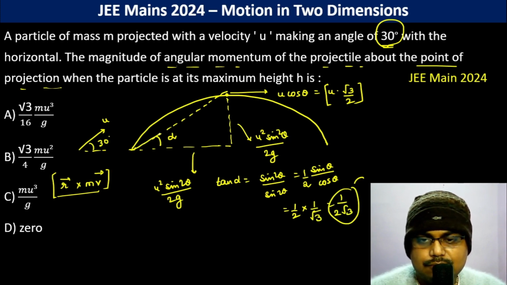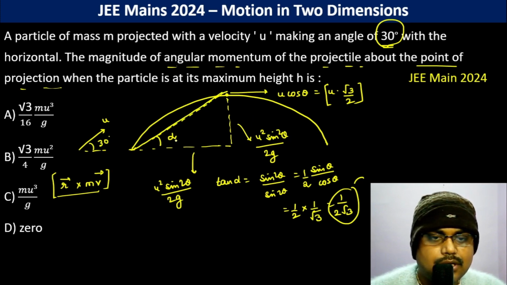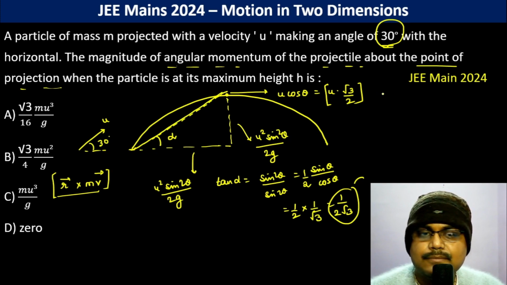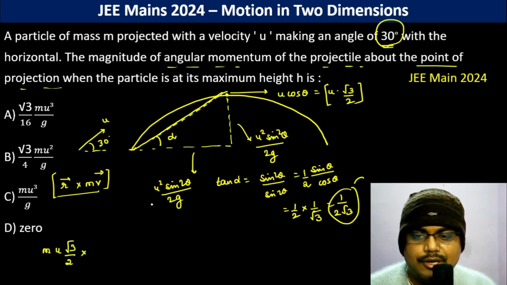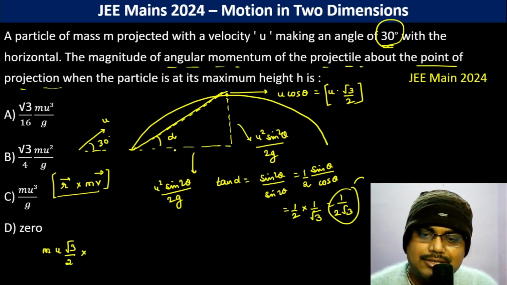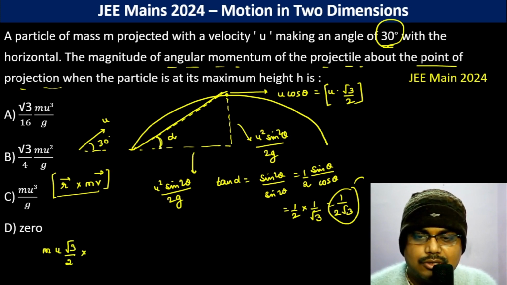Okay, now what you have to calculate is R cross mv. So now R cross mv, so this is m u root 3 by 2 into this r sine theta. R sine theta is actually u square sine square theta by 2g.